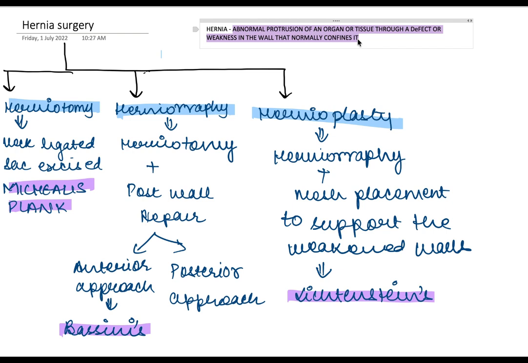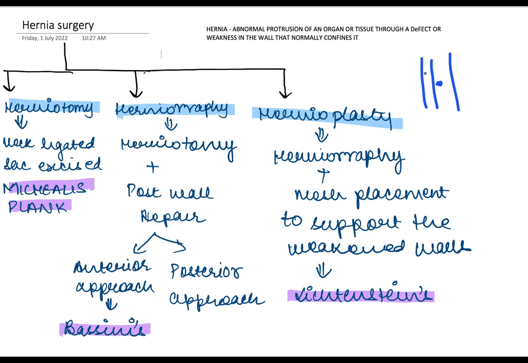Let's take an example of umbilical and paraumbilical hernia. This is our abdominal wall, right? This is our umbilicus. This area will be your paraumbilical area.